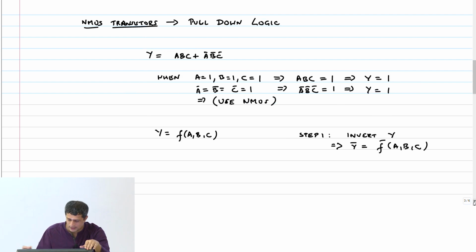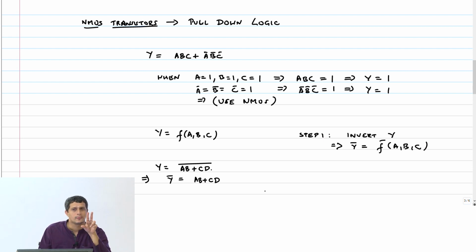Okay, so let us look at an example. I will look at y equals AB plus CD. So the first thing I have to do is implement y bar first. Y bar is the complement of AB plus CD.